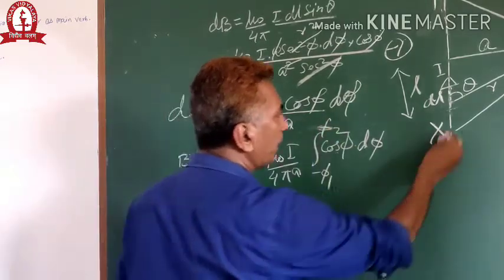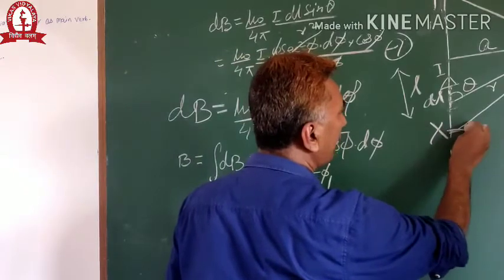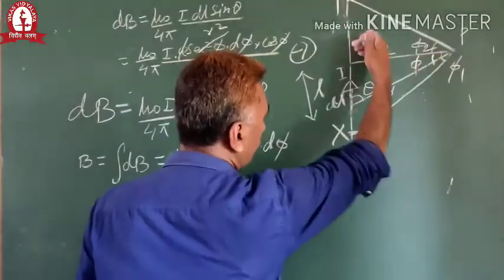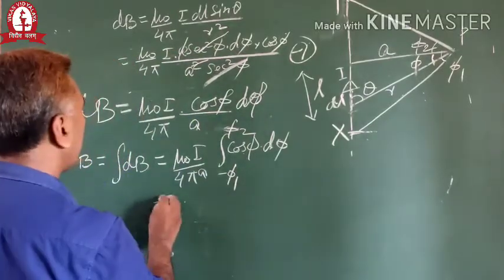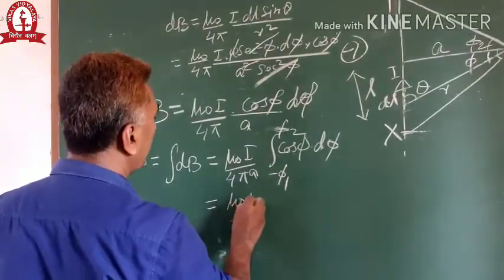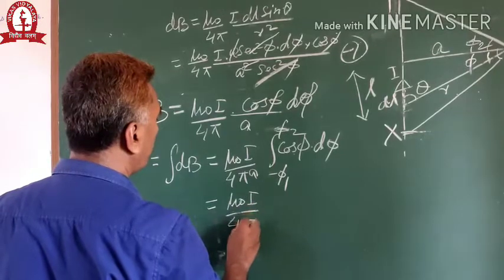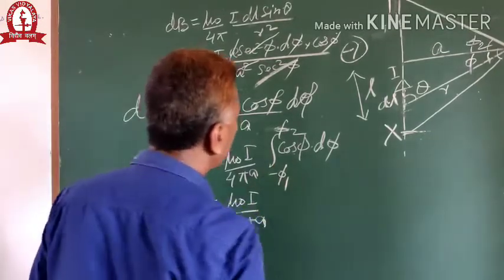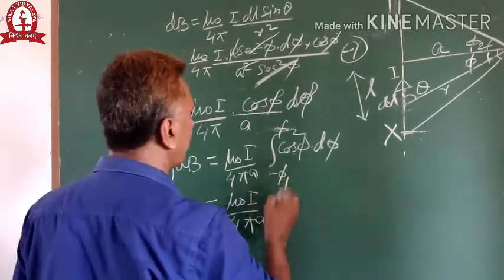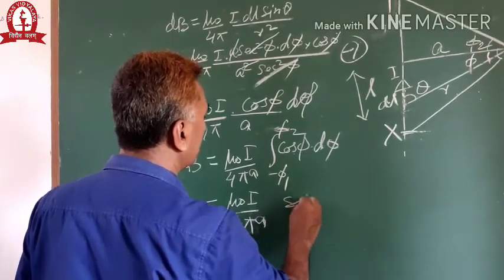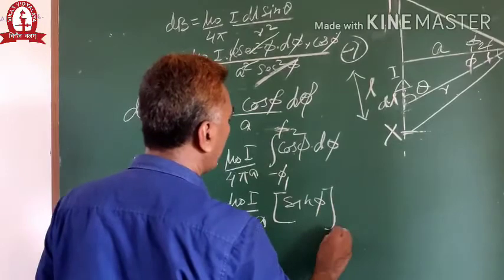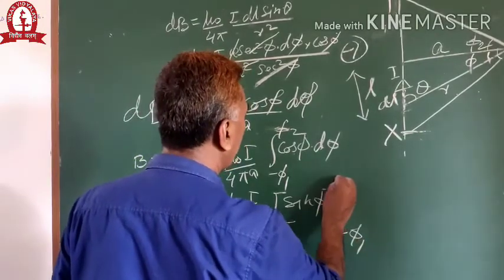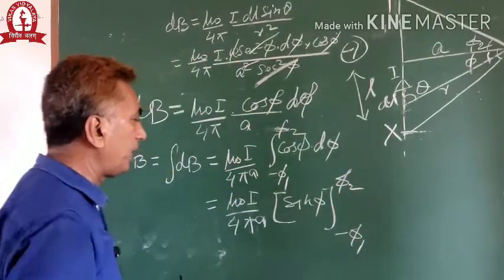Minus phi 1 because the wire is making angle minus phi 1 this side, so below I am mentioning it with the negative sign. Now this is equal to mu naught I upon 4 pi a. Cos phi integration is sin phi, so sin phi with the limits minus phi 1 to phi 2.